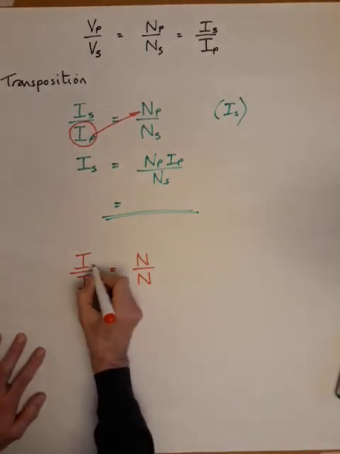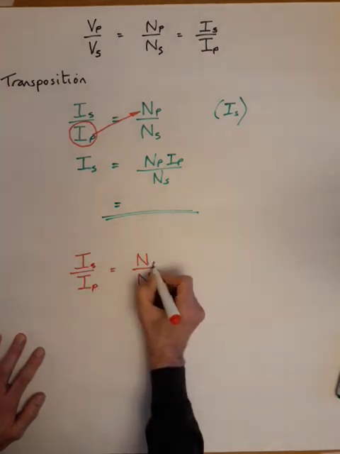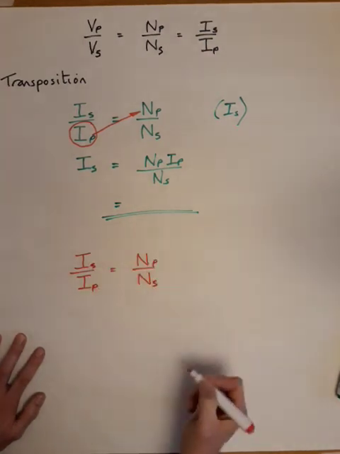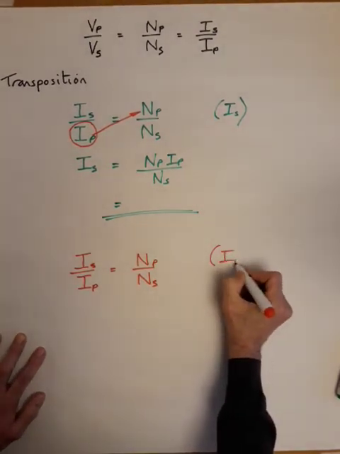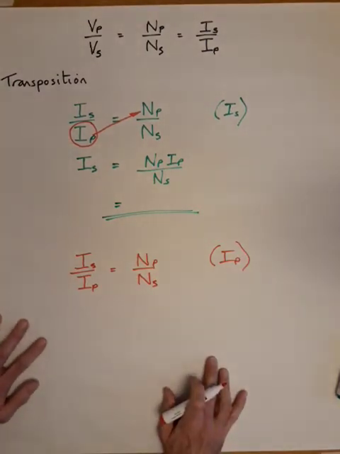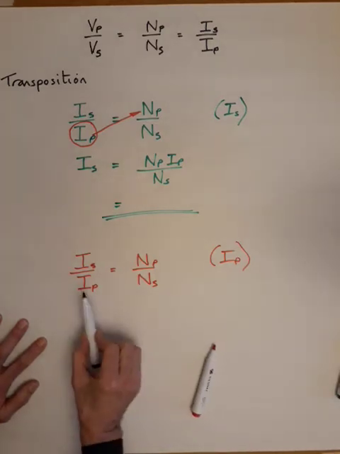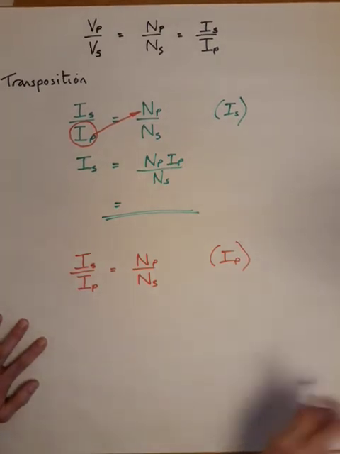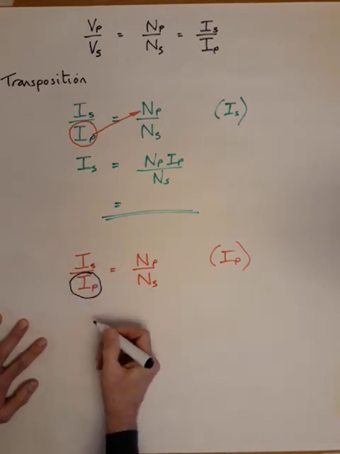So here I have current and turns again, and in this one let me make Ip the subject. That is what we want to find. So coming over here, Ip is on the bottom. That is no use. The thing you want to find must be on the top line.